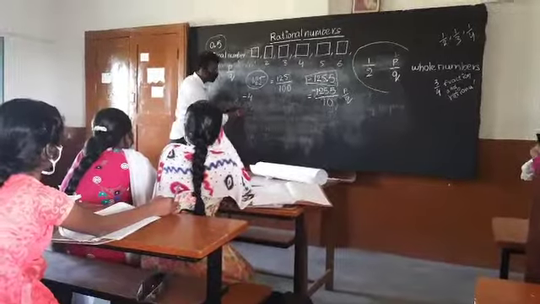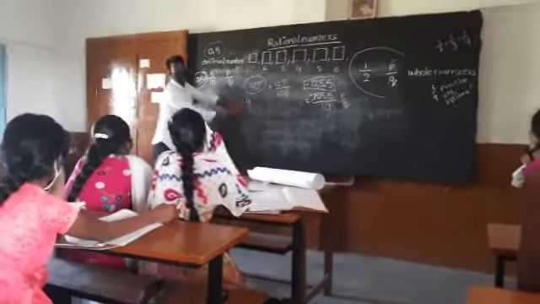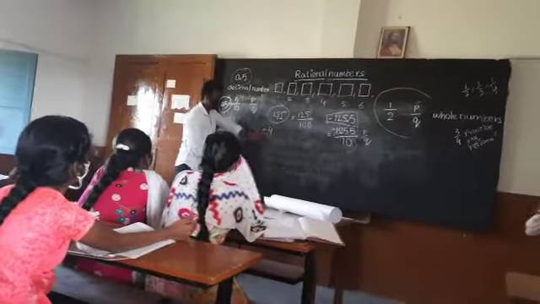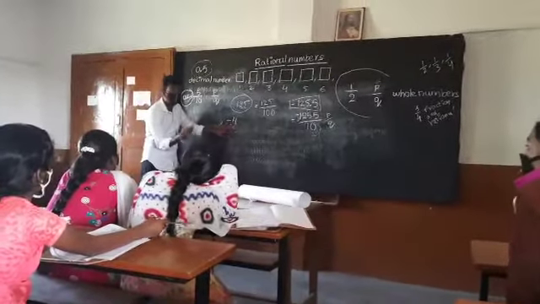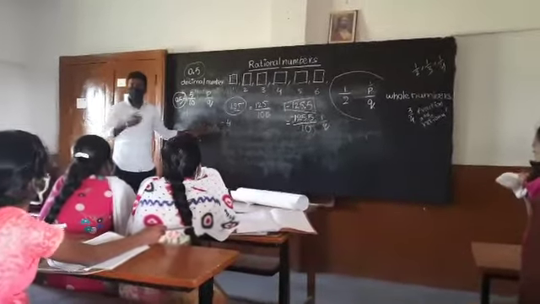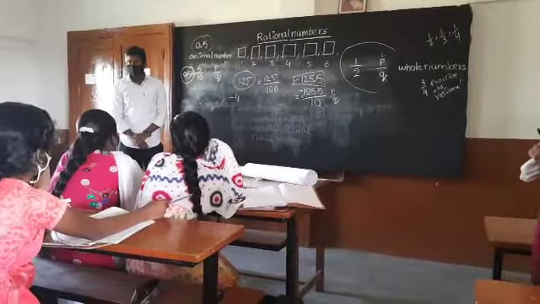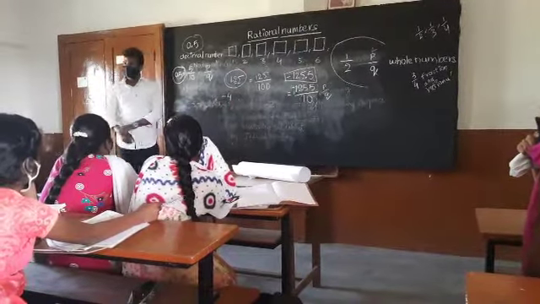Yes, rational numbers. Why? Can anyone justify? Because it should follow the definition. Definition means it should be strictly followed. It is not looking like a p by q form. Even still, I am saying this is a rational number. I am very sure about this. Can anyone explain why I am calling this integer also a rational number?